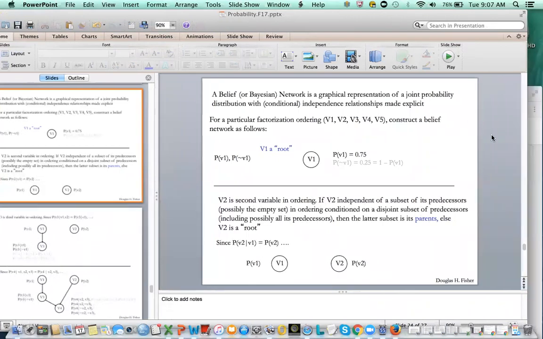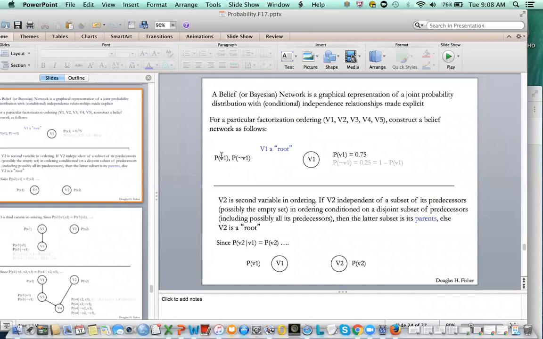And there can be multiple roots in the Bayesian network, that is, multiple nodes or variables that have no parents. Associated with that root, I store the probabilities of the various values for that variable. Given these are binary valued variables, those are the probabilities of little v1 and not little v1.